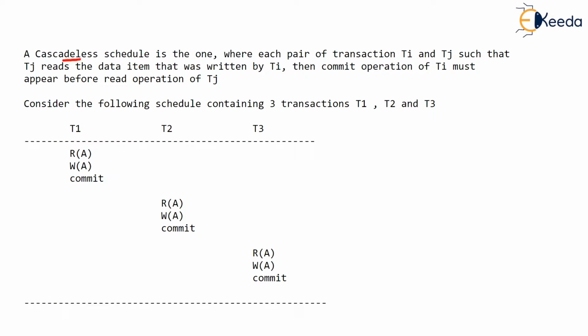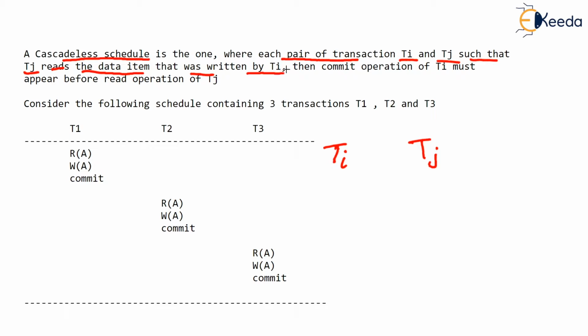Anyway, just check. A cascadeless schedule is one where, for each pair of transactions Ti and Tj, think of some pair you have taken, such that Tj reads the data item that was written by Ti.